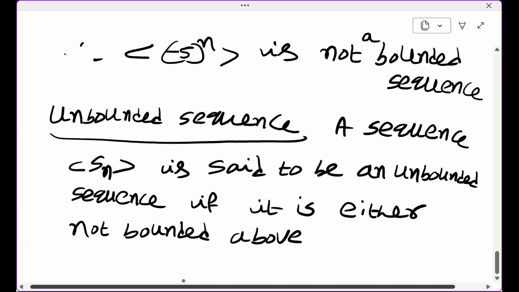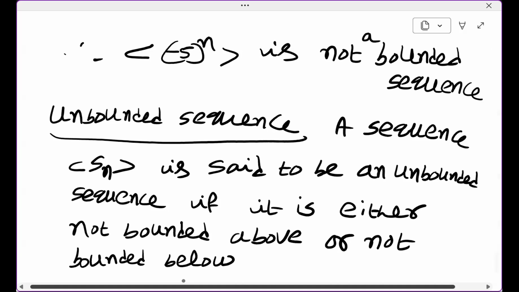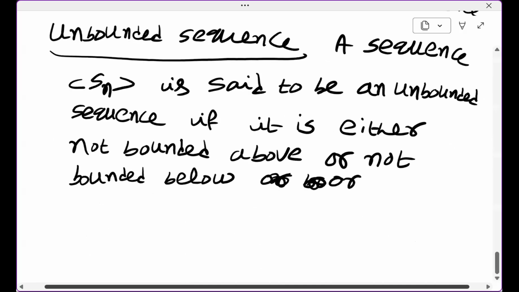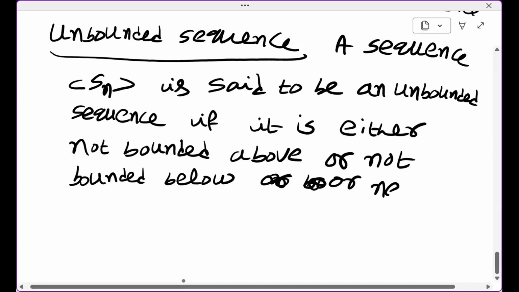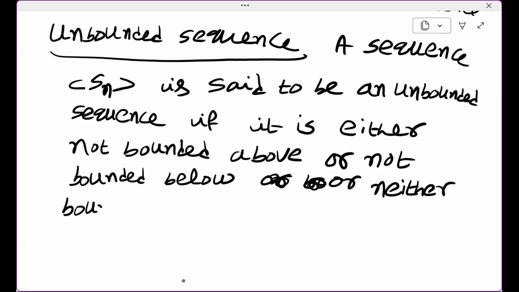Either not bounded above or not bounded below, or both. Either not bounded above or not bounded below, or neither bounded above nor bounded below.